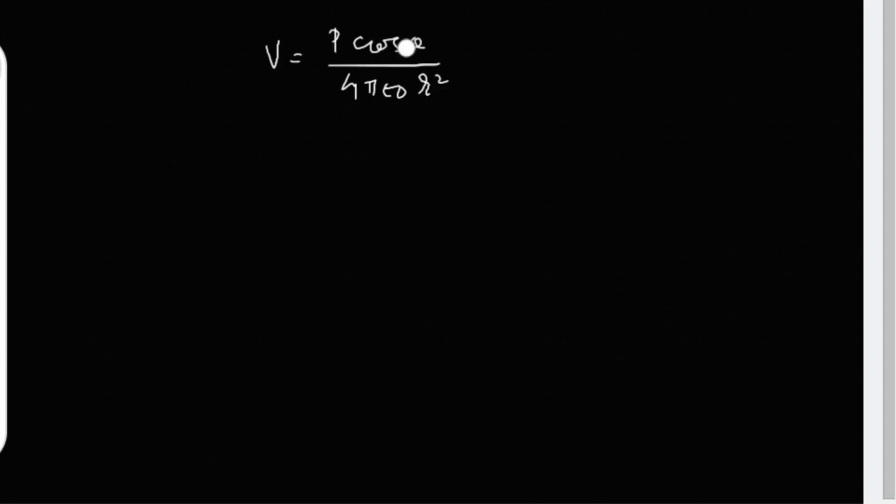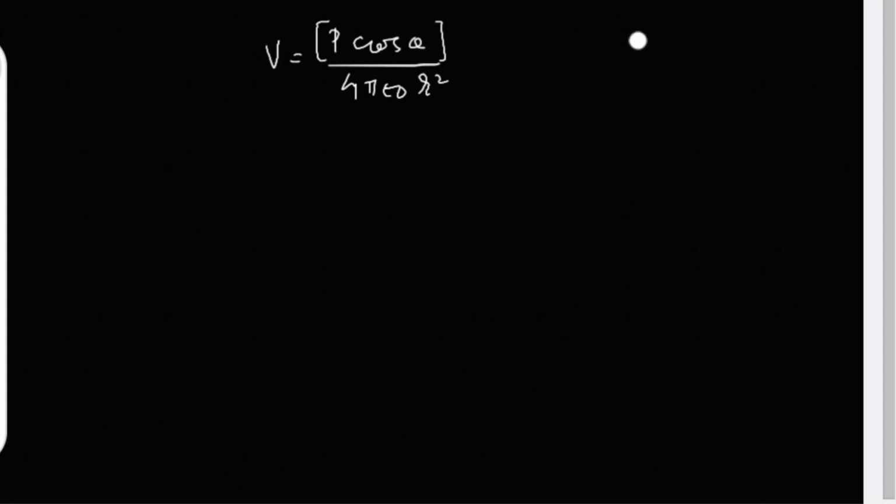This magnitude I am writing. Now how to find this value? What is p cos theta? It must be the dot product of the unit vector and the p vector, isn't it?